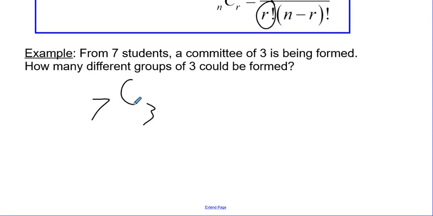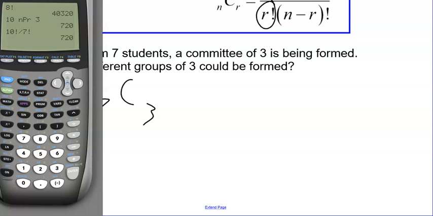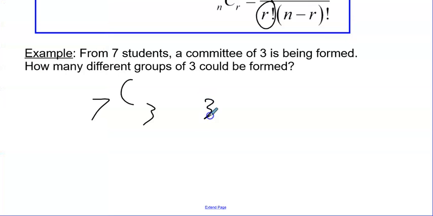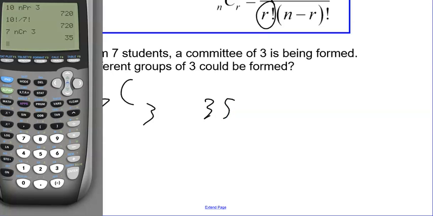Now, if it was a president, vice president, and a secretary, that would be a permutation. But since there's no ranking, no importance, just equal standing, it's simply 7, math, PRB, and then number 3, NCR. Let me put the 3 in there. 35.